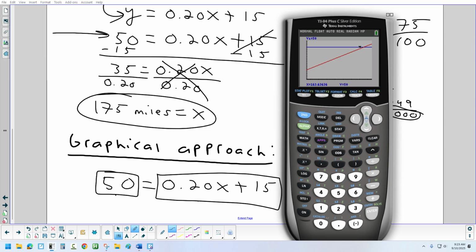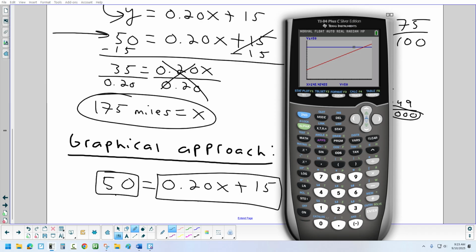But doing it this way, it's just an estimate. Okay, that looks pretty close to me, and it says 174.2. Well, I know it's not 174.2. That's close, but that's just an estimate.